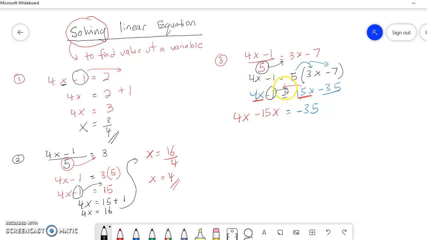If we move it to the opposite side again, it becomes plus 1. Now we can solve both sides: minus 11x and minus 34. Then minus 11 moves to the opposite side and becomes divide. Now your x answer is 34 over 11. This is your answer.